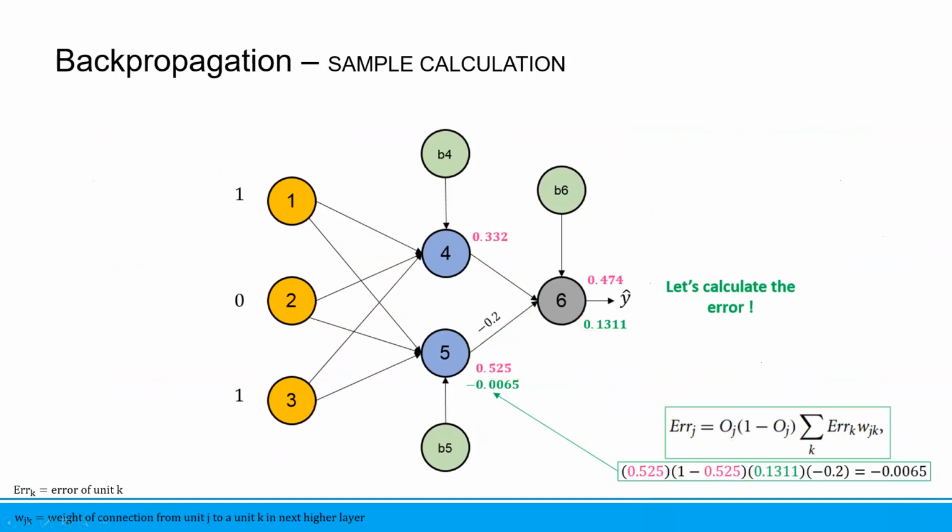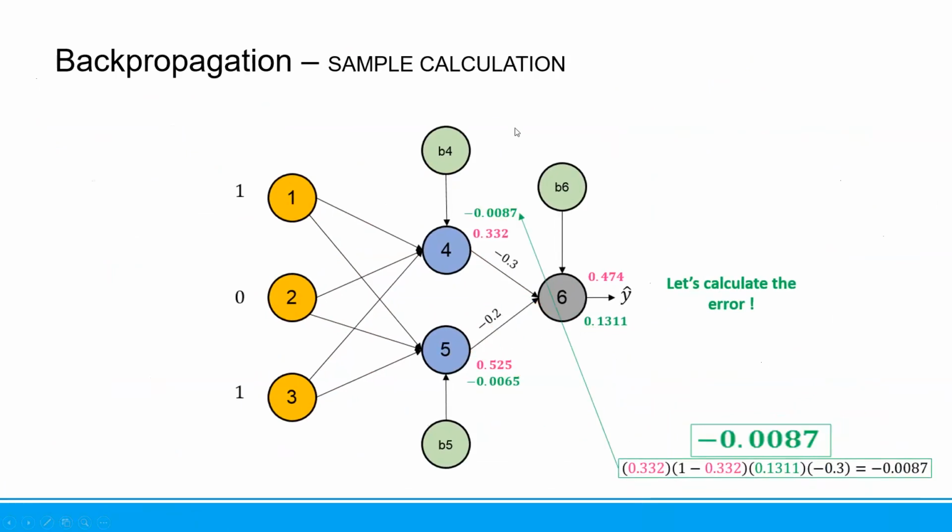But if there are more than one, let's say there is another node further forward like this one, then we need to deal with this one and the error rate from this one too. So we do this summation. Because we have only one, we have only this formula: 0.1311 multiplied by minus 0.2. So the error rate is 0.0065 for node 5.